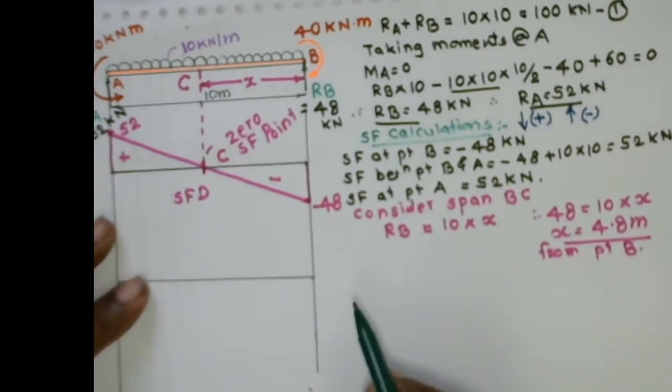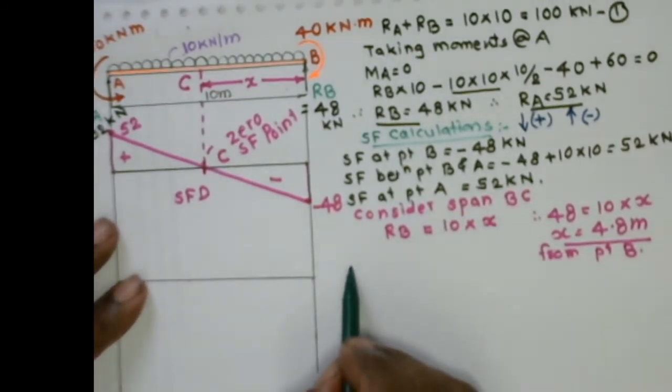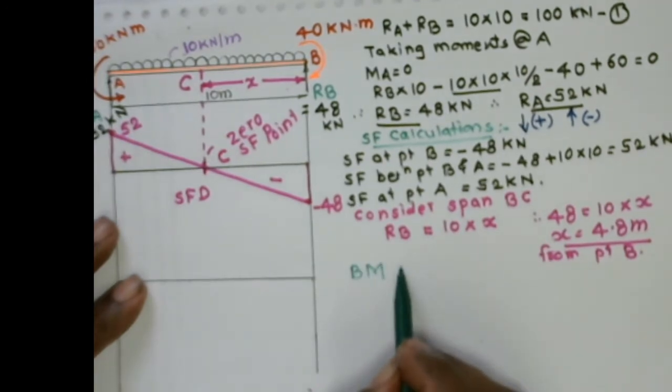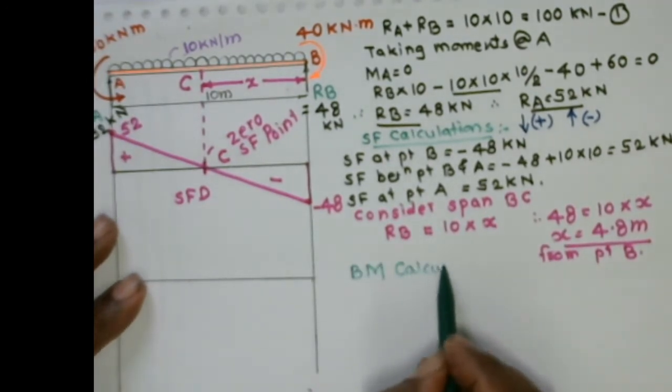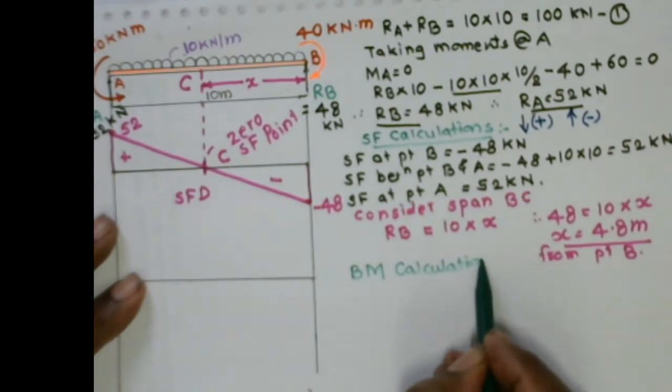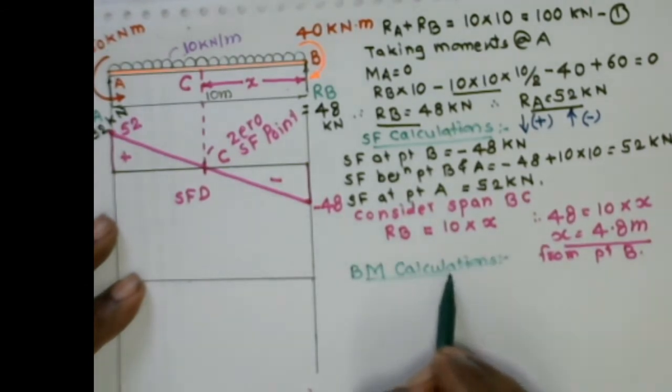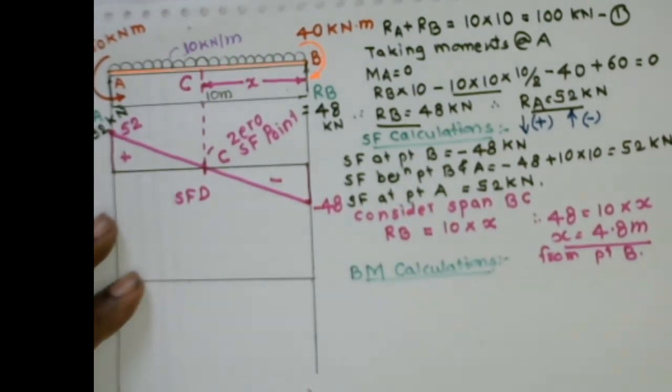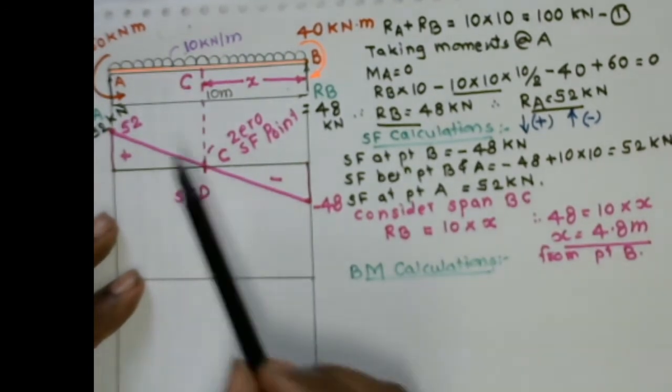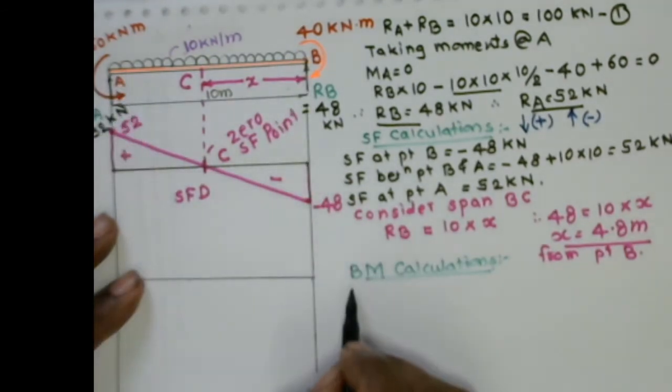Okay. Now BM calculations. Bending moment at the free end is always 0, or at the end support is always 0. So bending moment at the end supports, MA is equal to 0, MB is equal to 0.